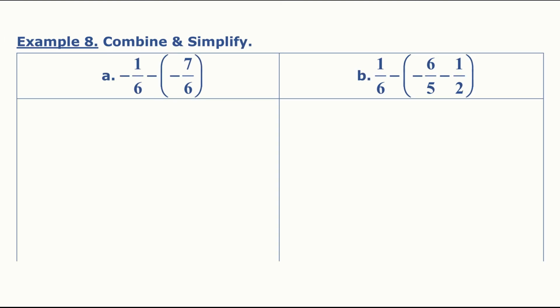All right, so let's go ahead and tackle these again. Do try them if you think you know how. So this one, again, we're going to go back to our rules, the multiplication, division, and addition, subtraction rules. So we're going to get rid of the parentheses first. So we get -1/6, and negative times negative is positive, so plus 7/6, right?